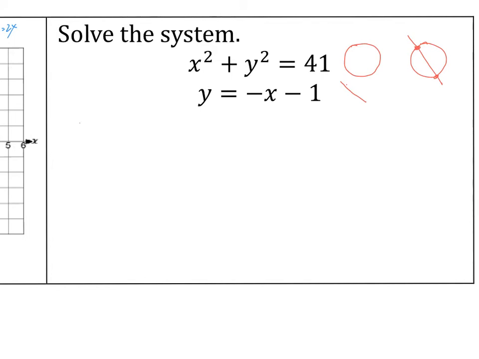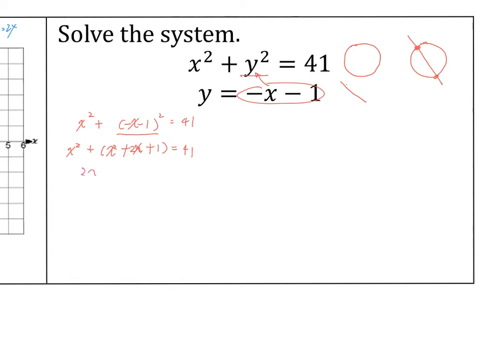So we have x squared plus y squared, and we could substitute this in for y. And now we can expand this binomial. So that would be positive x squared followed by 2x followed by plus 1 equal to 41.